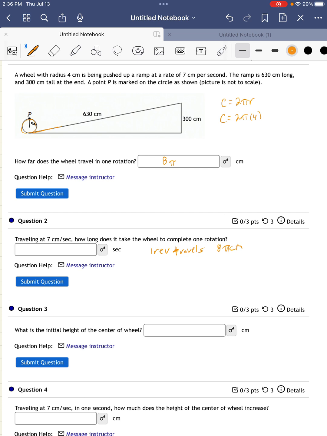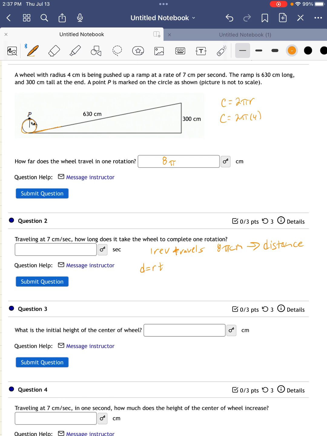So we are given a distance, and they're asking us for a time. How long would it take you to travel that distance if you were going at this speed, 7 centimeters per second? I always remember the equation that relates distance, rate and time. It's d = rt. It's almost like the word dirt, but instead of an i, there's an equal sign.